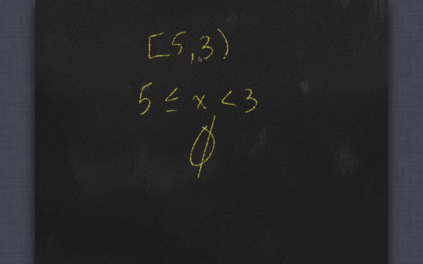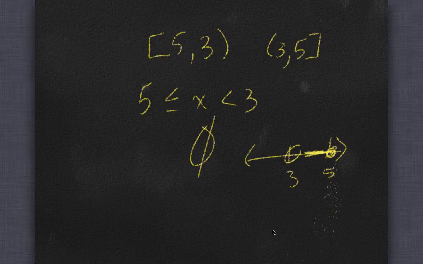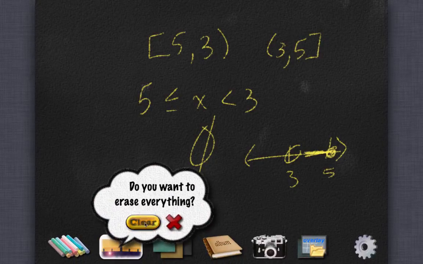So if you write these backward, you get an empty set of numbers. So it's going to be wrong if the answer was the numbers between 3 and 5. So this should have been written 3 to 5 if we were after that. Okay? So now that we've talked about this for a while, let me give you some examples.